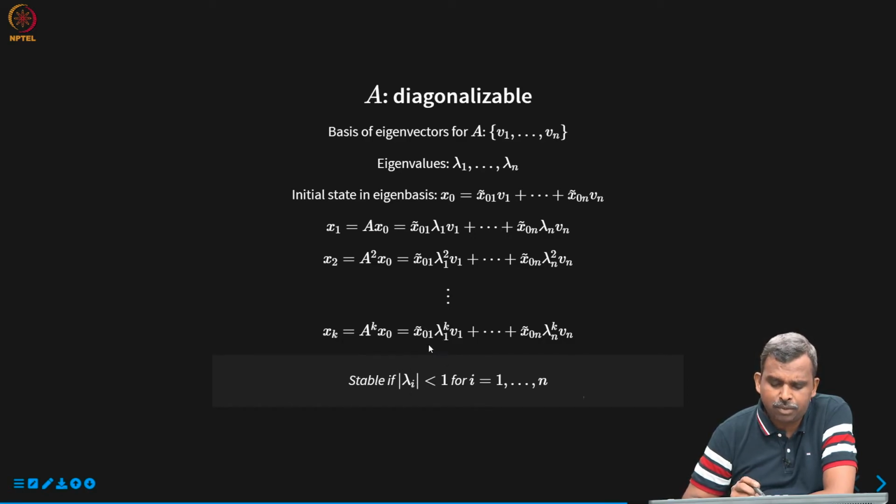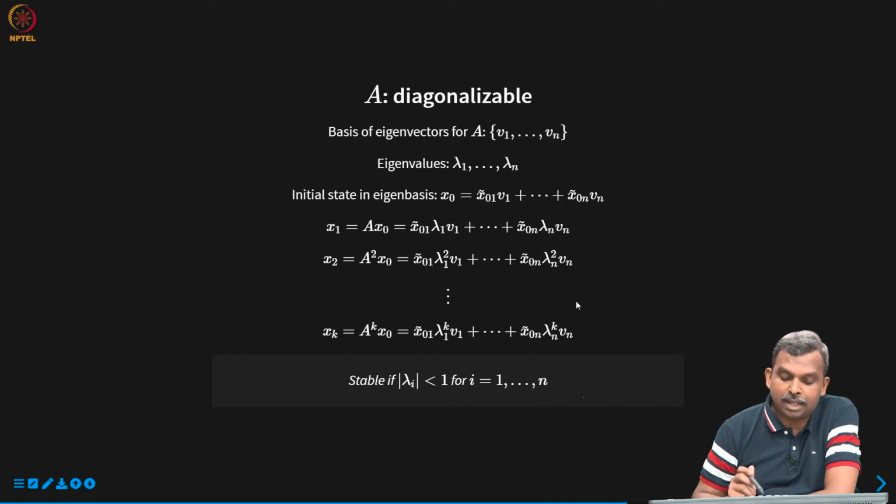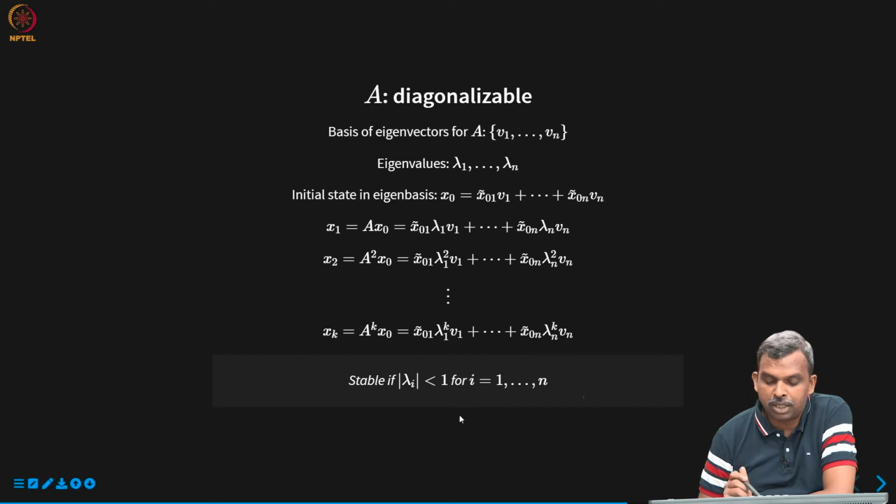If the absolute value is less than 1, each of these terms will tend to 0 and you will have stability. If any of them is greater than 1, then we also know it will be unstable. But if it is less than 1 and A is diagonalizable, we easily see this behavior: lambda 1 to the k, lambda n to the k.